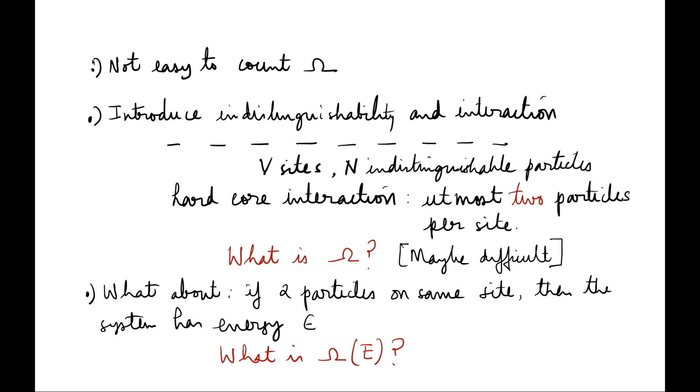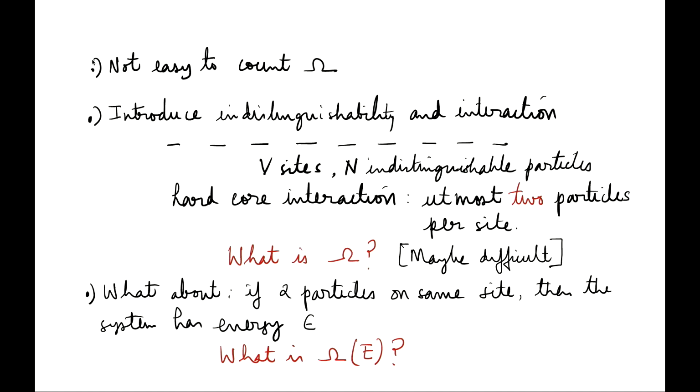If I have a configuration where there is 1 site with 2 particles, and the remaining 1 or 0, my energy is epsilon. In this problem, can I find omega of E? Is the problem clear? Whenever things pair up, I give it energy epsilon. Epsilon could be negative or positive, but write down abstract epsilon.